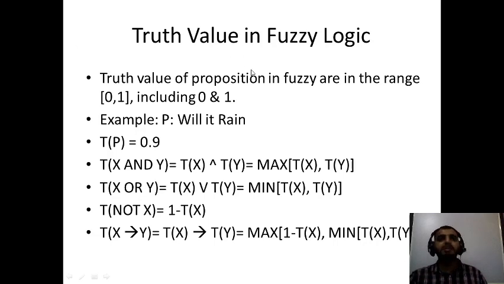This is how it is being represented with reference to fuzzy logic. This might look very difficult and very complicated, but in the remaining slides we are going to see how this is simple. This is like a syntax to represent the truth value with reference to the different connectives.